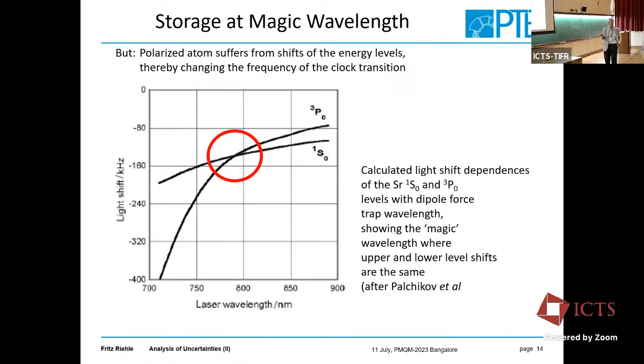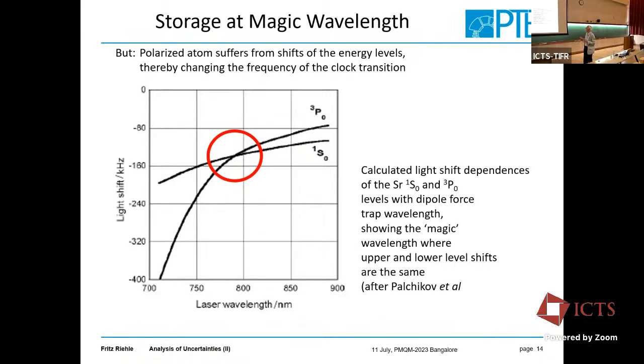The magic wavelength is a fact. As I said before, if you put an atom in a strong electric or magnetic field, it will get polarized. This means that the energy levels in the ground state and in the excited state will depend on the laser wavelength you use.